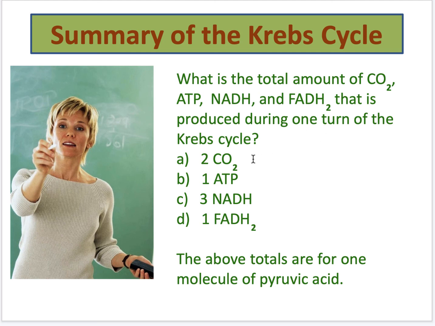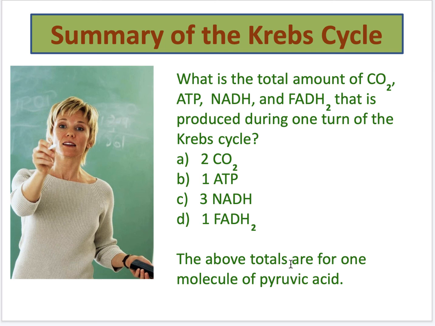Okay, so the answer to that is 2 carbon dioxides and 1 ATP. Also 3 NADH, which I would not ask you, and 1 FADH2, which I again would not ask you. The above totals are for 1 molecule of pyruvic acid. However, how many molecules are produced by glycolysis of pyruvic acid?